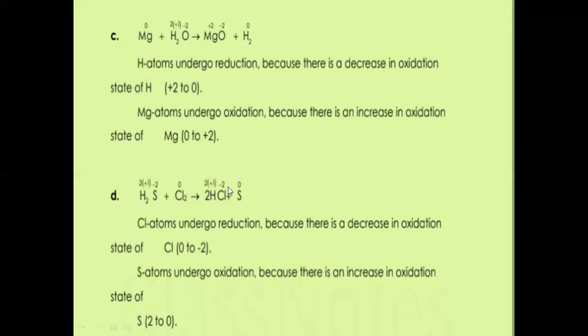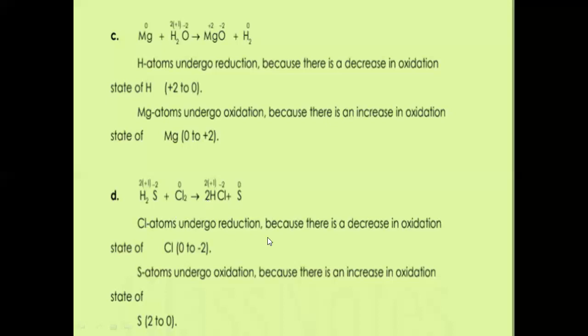It is up to you whether you want to consider these two hydrogen atoms while writing the oxidation state or not. If you are going to identify oxidation or reduction, you can identify it even by using only one hydrogen and one chlorine. The answer will be the same.